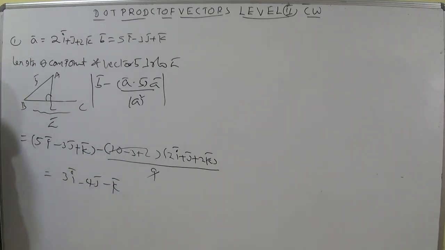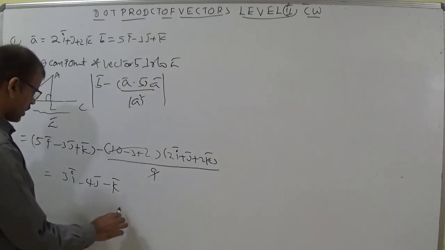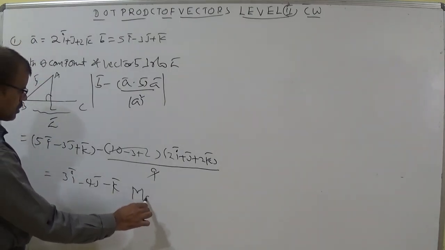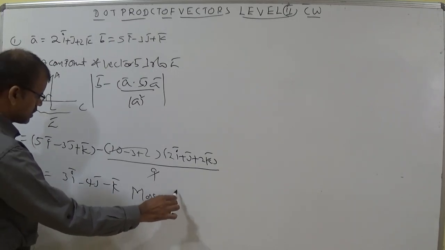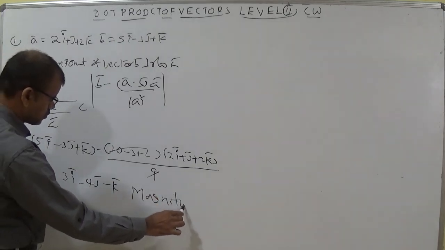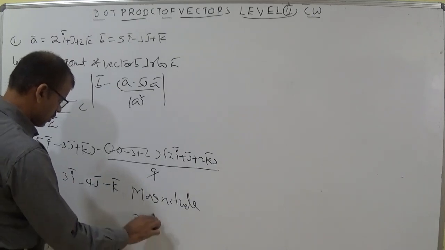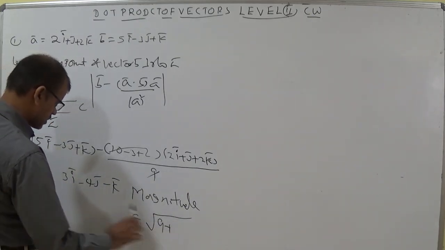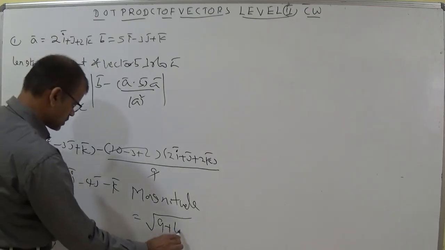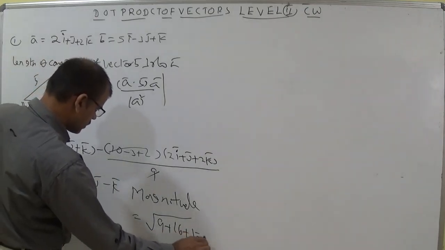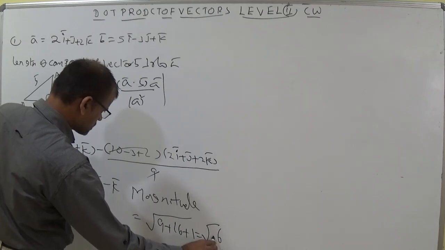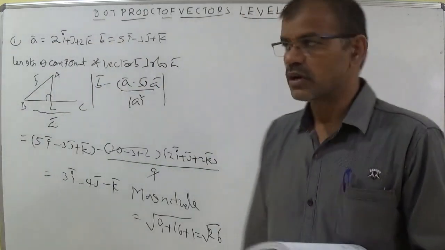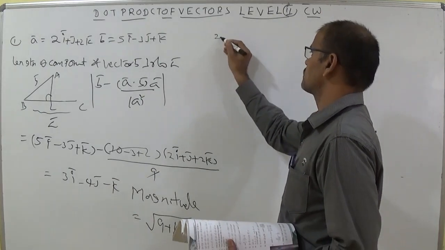To find the magnitude of the given vector, magnitude or modulus or length is the root of component square plus component square plus component square: 9 plus 16 plus 1, which is root 26. Here root 26 is the second option.